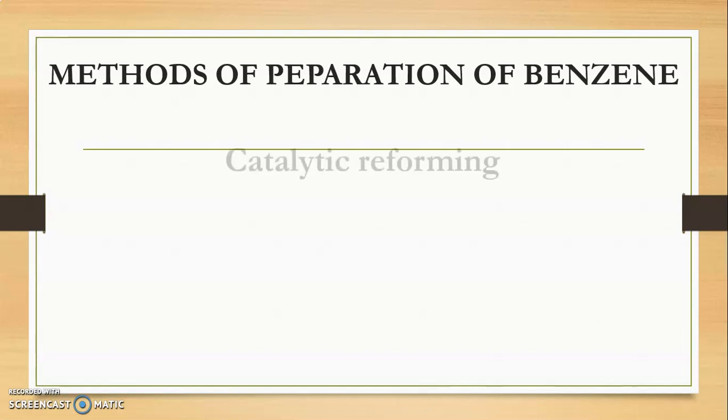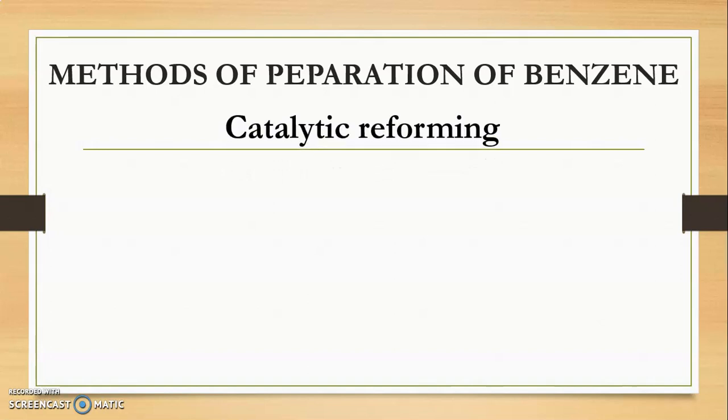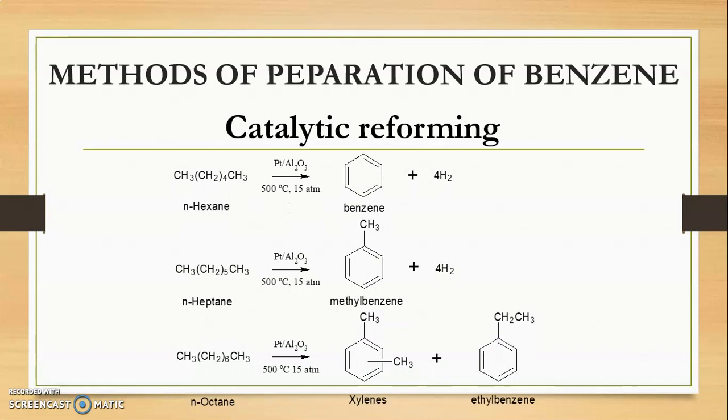Out of this, the first one is catalytic reforming. Now what is catalytic reforming? We know petroleum is a good source of hydrocarbons. Benzene is also one of the hydrocarbons. The hydrocarbon portion present in petroleum in the range of 60 to 200 degrees Celsius is collected.